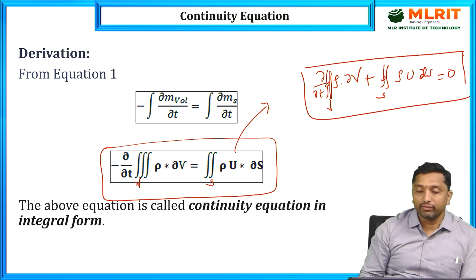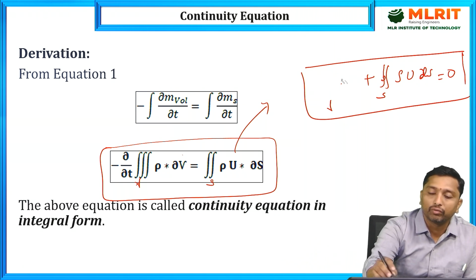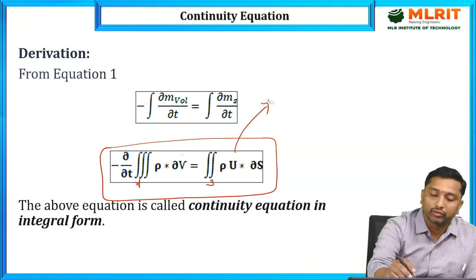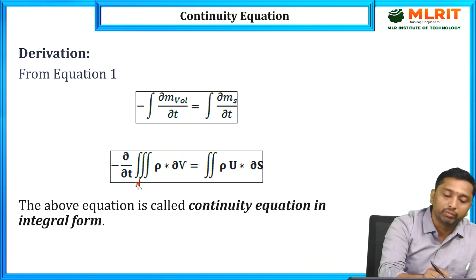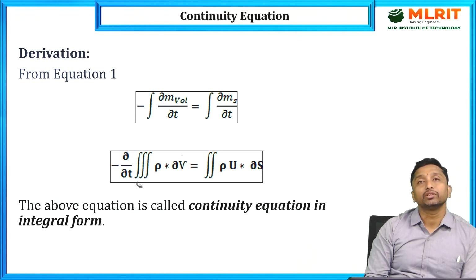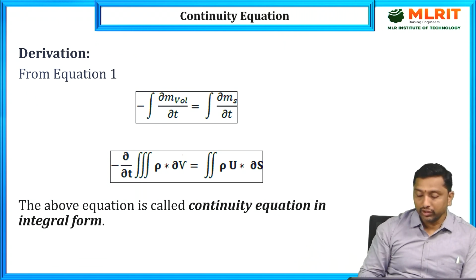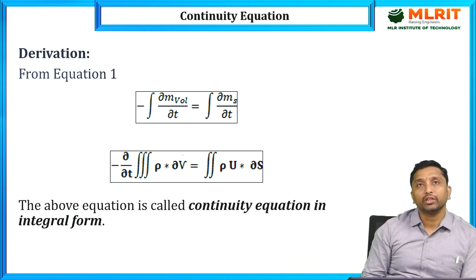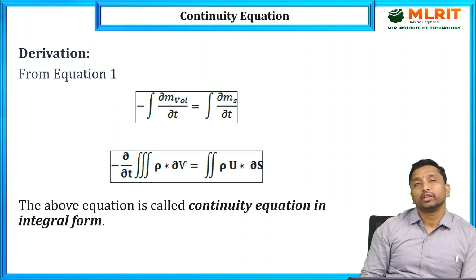If we rearrange these terms, these are called the continuity equation in integral form. It is valid for all cases, whether the flow is steady, unsteady, compressible, or incompressible. For all the scenarios, this equation is valid. So let us try to modify the equation to one suitable for CFD.